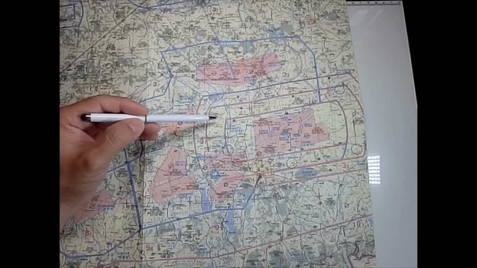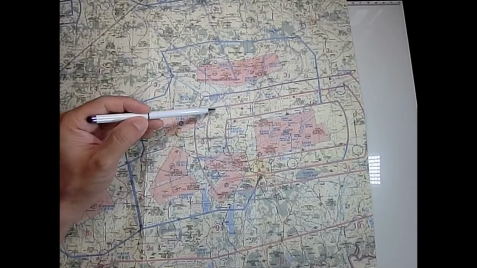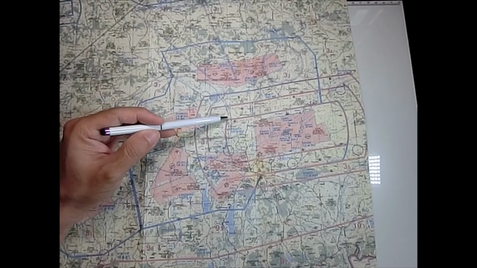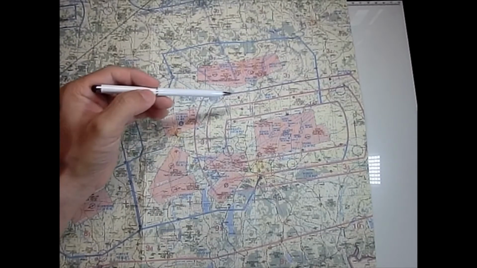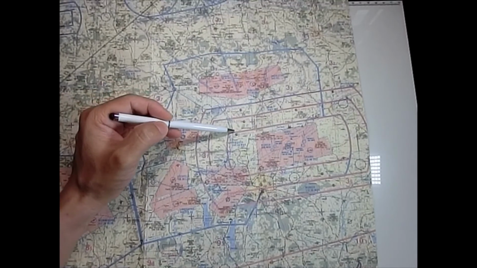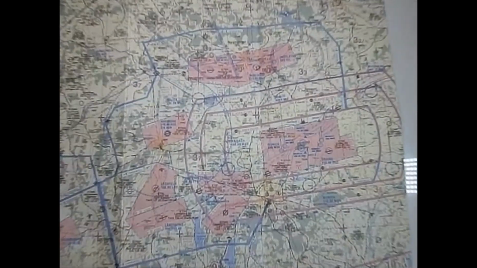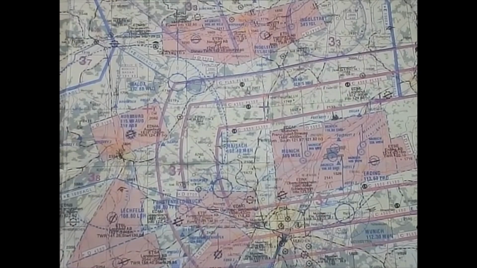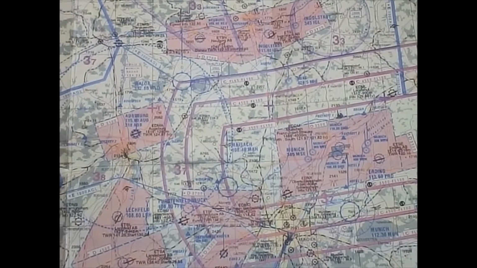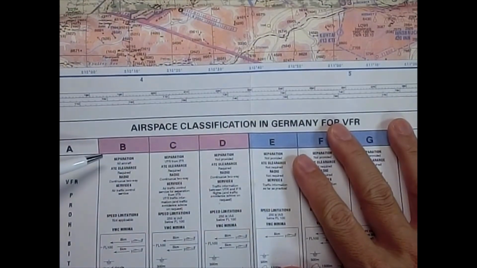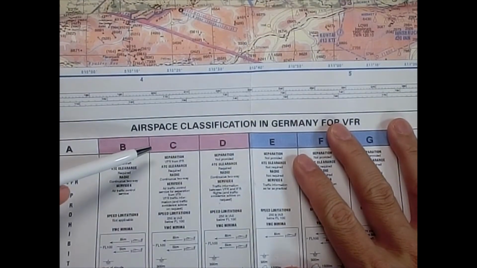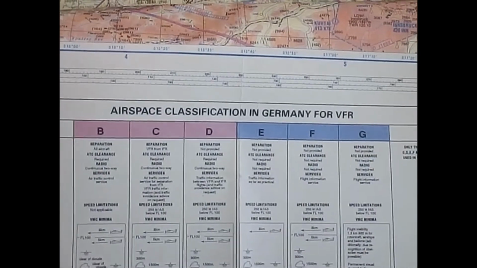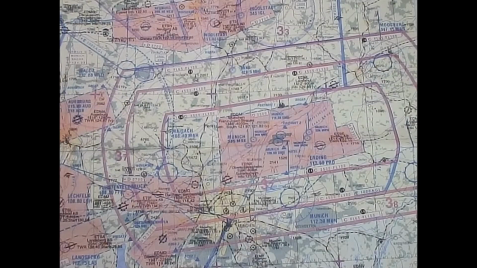For example, this one has got 3 borders where the Class C airspace changes. I know it's Class C airspace because the color here matches the color for B, C, and D airspace, or Bravo, Charlie, and Delta airspace. It actually tells me Class C airspace.